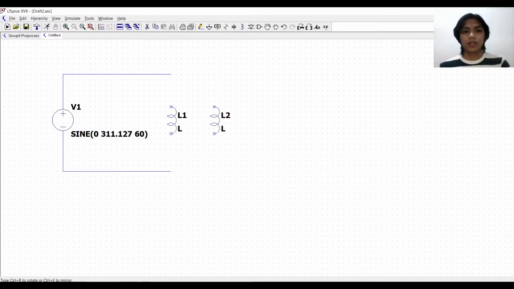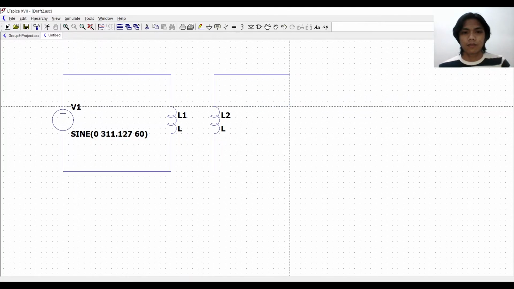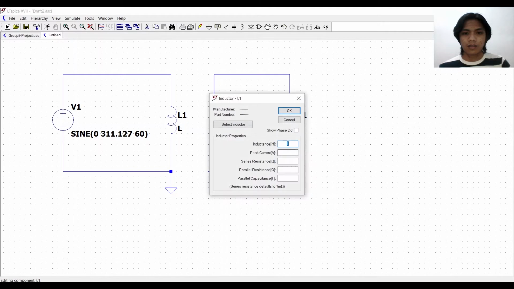To build one, we place these inductors side by side as follows. We have to ground them, and set the series resistance to be something negligible.